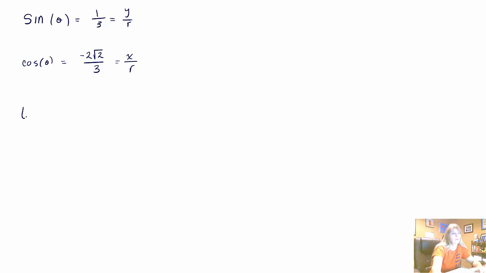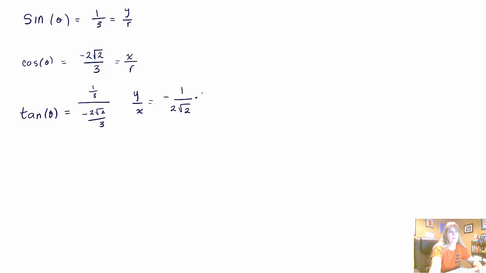Then if I wanted to find the tangent, remember the tangent is y over x. So in this case it would be 1/3 over negative 2 square roots of 2 over 3. Of course, the 3's are going to cancel, so I'm going to have negative 1 over 2 square roots of 2.